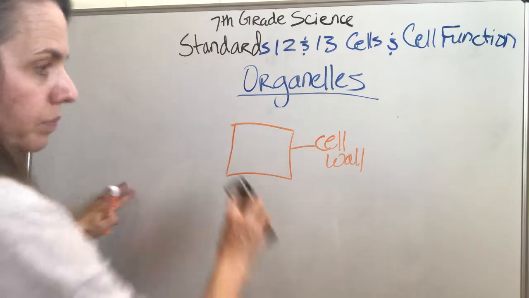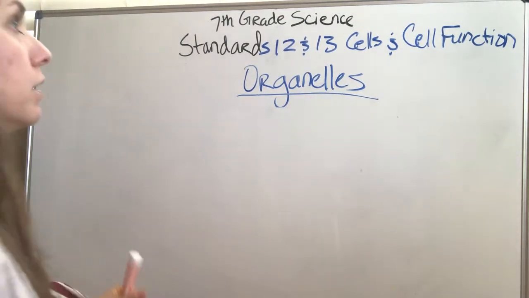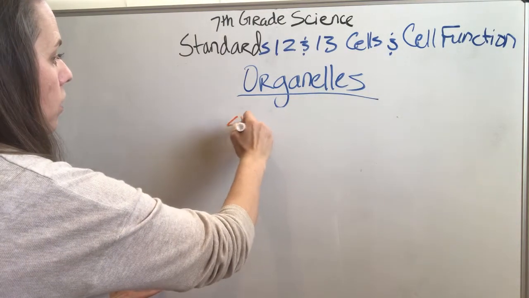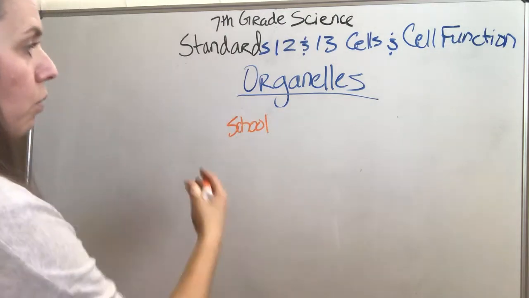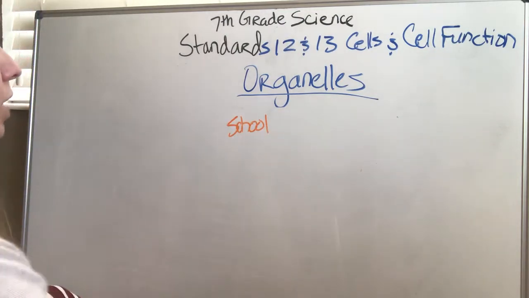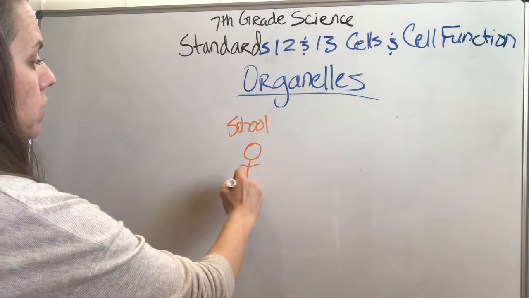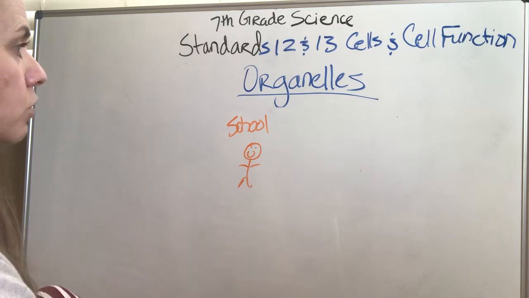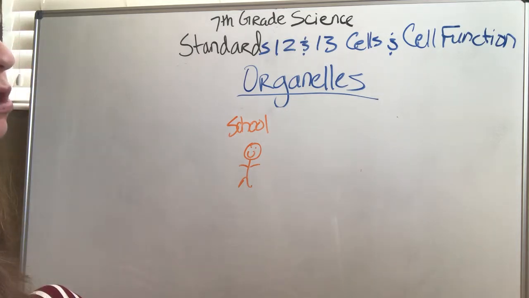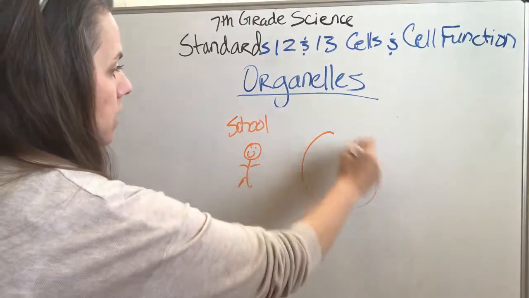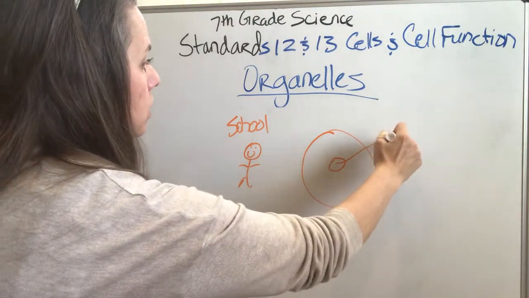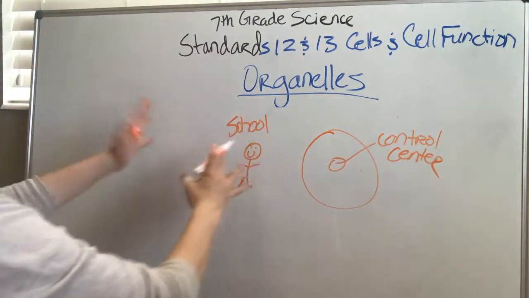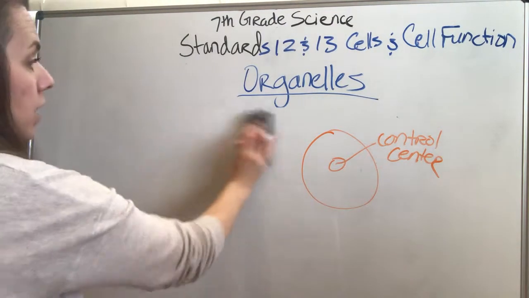So the cell wall. Also, if you're going to say, okay, nucleus, what's a metaphor for nucleus? If you're looking for the function of the nucleus, what would be the nucleus of our school? And many people said, okay, it's the principal, because he controls the school. And so the nucleus is the control center of the cell. So wherever the control center is in any metaphoric thing, that would be like your nucleus.